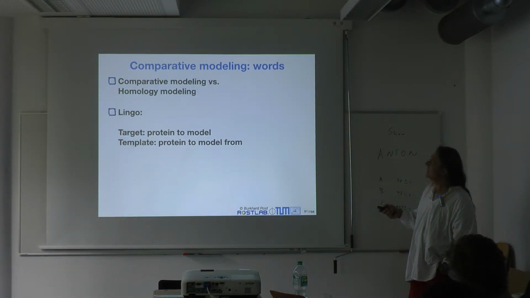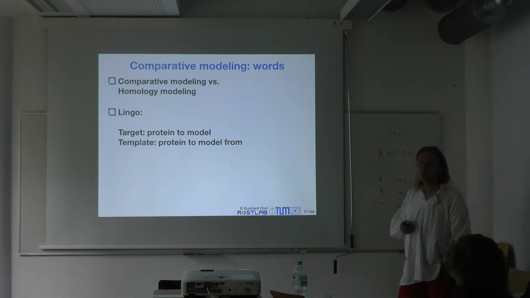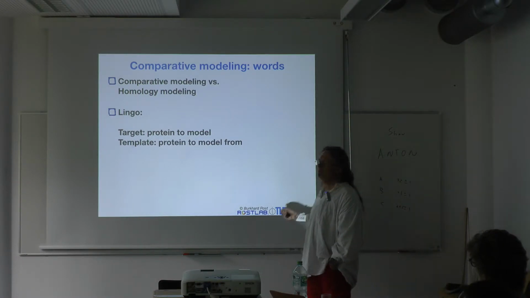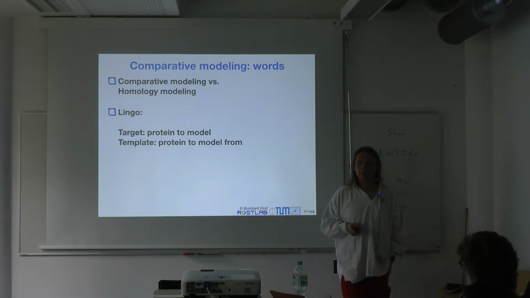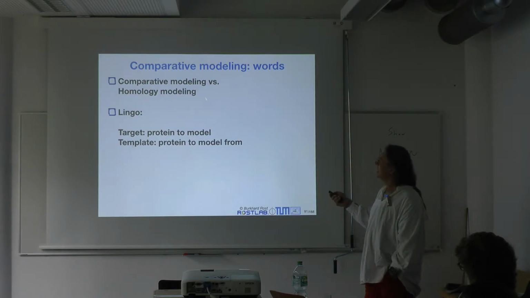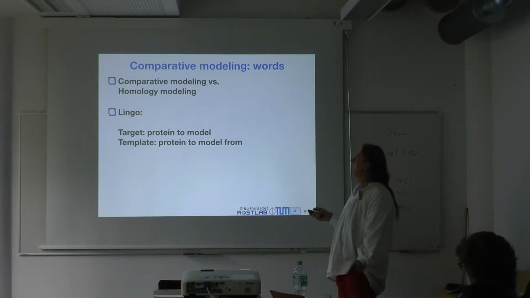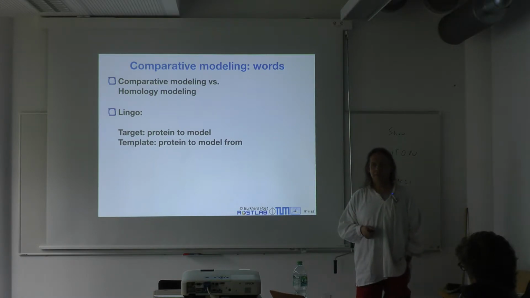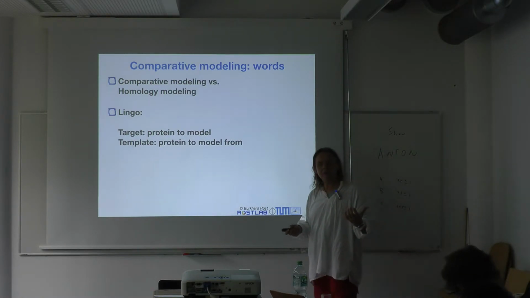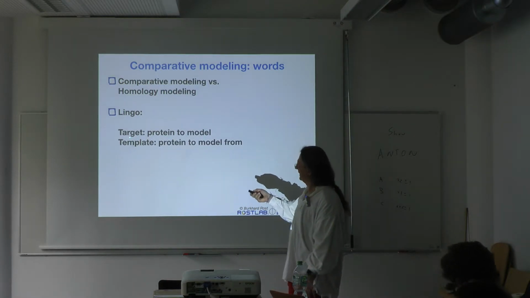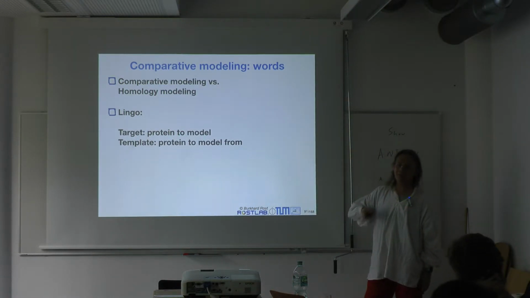There's something about words here, comparative modeling versus homology modeling. People use different words. It's all the same. Essentially, you use something that people call a template to model a target. Target is the protein for which you know the three-dimensional structure. Sorry, the other way around. Target is the protein that you want to model.